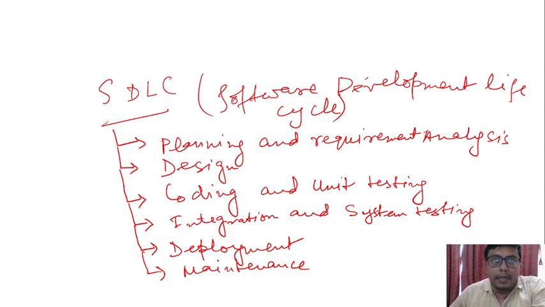Okay, and to develop each of these functional units or modules in a software, you need to analyze what the requirements are. The requirements can be in terms of human resources, or in terms of your hardware support, that you need to analyze first.